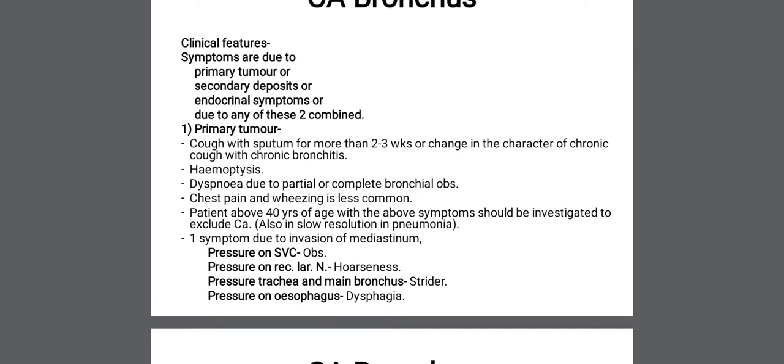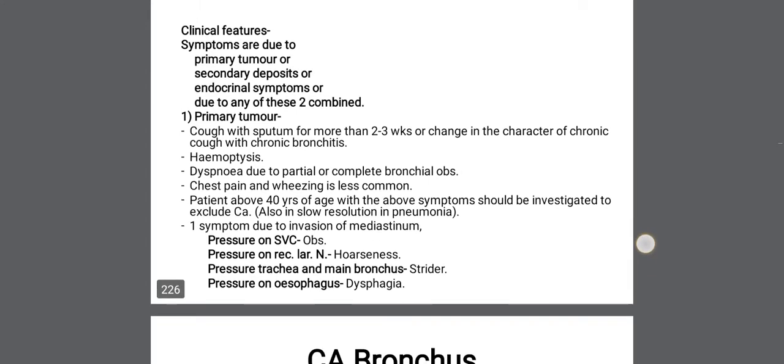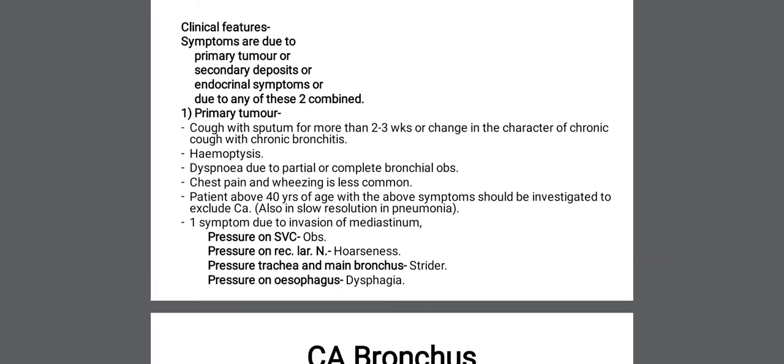When there is a primary tumor, there will be cough with sputum for more than 2 to 3 weeks, or a change in the character of chronic cough with chronic bronchitis. Then there will be hemoptysis, that is blood in the sputum, and dyspnea, which is due to partial or complete bronchial obstruction.